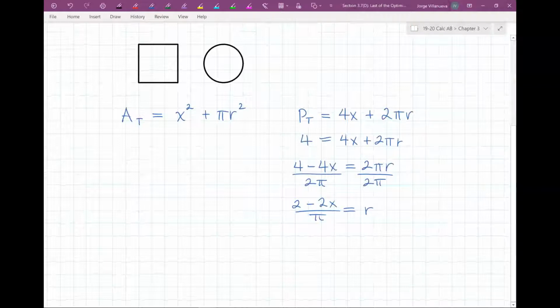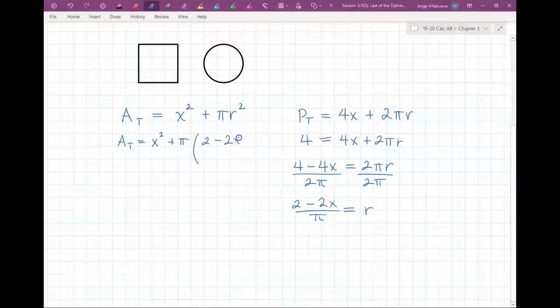So now I'm going to plug that into my area formula. So A sub t is equal to x squared plus pi times ((2 minus 2x) over pi) squared.